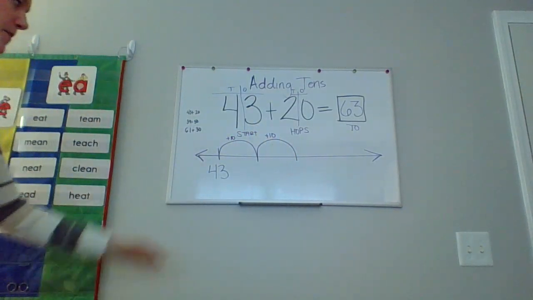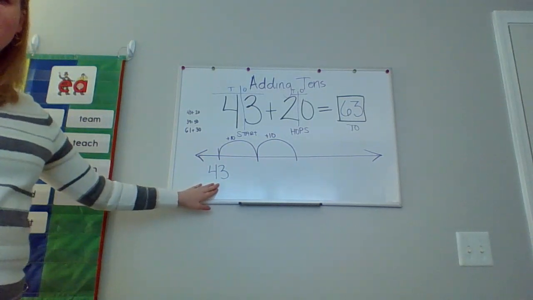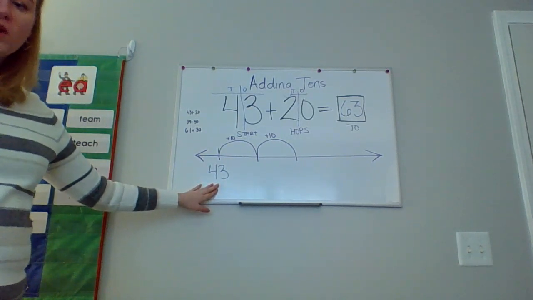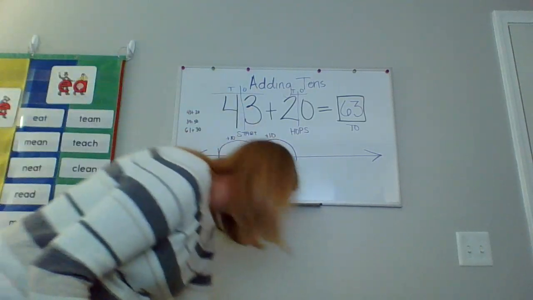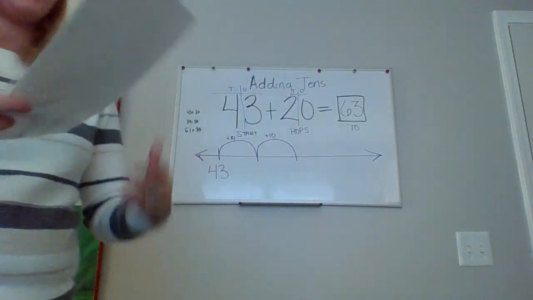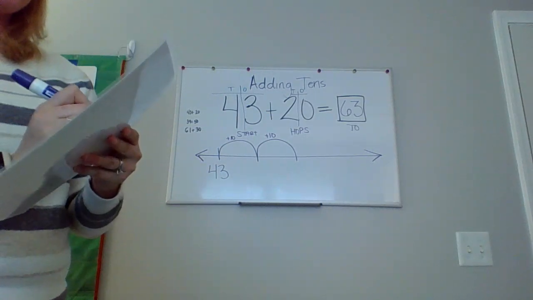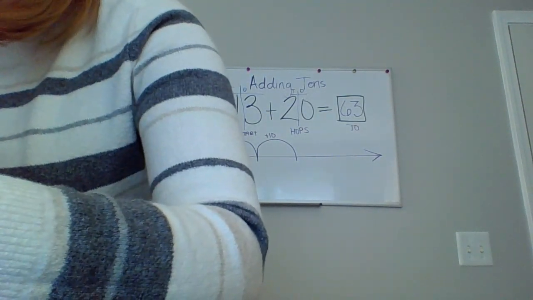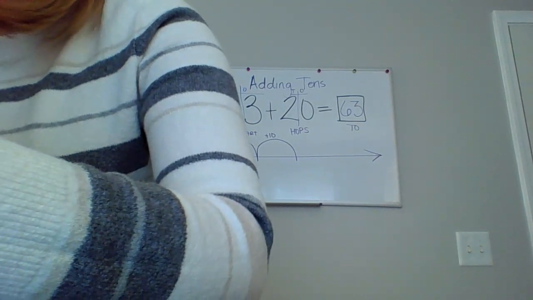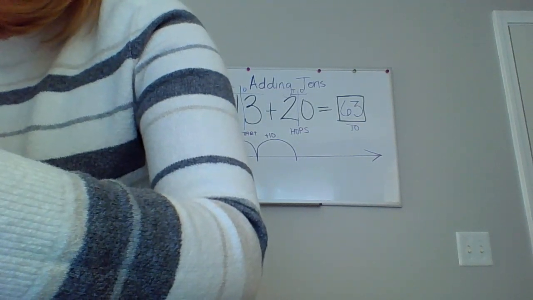Oh, well, it might not be as easy to add tens when you're going from 43 rather than just 40. But here's my number 43. I want to go up by 2 tens.